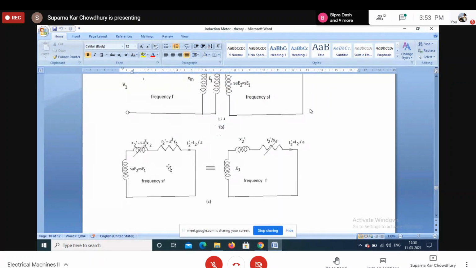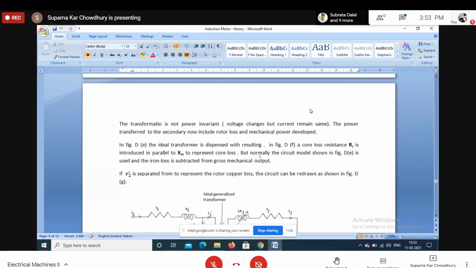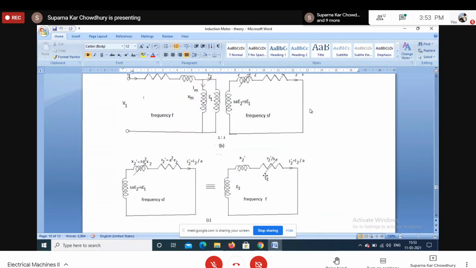If we just readjust, in this equation I have taken S square outside, so this equation reduces to this. Now the difference, you can see that in this equation this quantity is at frequency SF, but in this equation this quantity is at frequency F, only it is a variable resistance. So this is the corresponding equivalent circuit for the rotor.